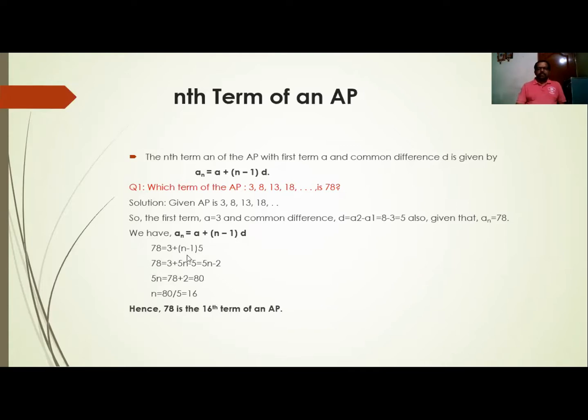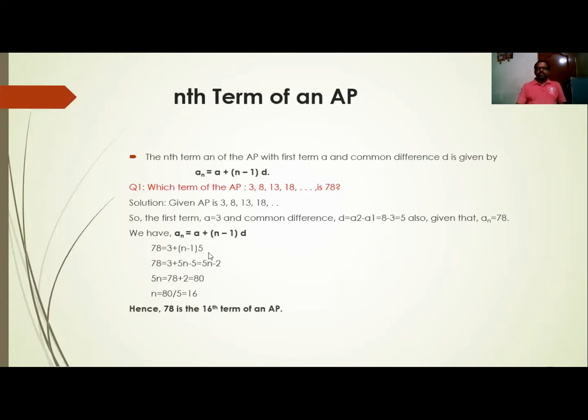Now n is not known, because the question is which term of the AP, whether it is the 10th term, 15th term, 18th term, 100th term, and so on. So which term means we need to find the value of n. n is unknown here, we need to find it. So 78 is equal to 3 plus (n minus 1) times d.